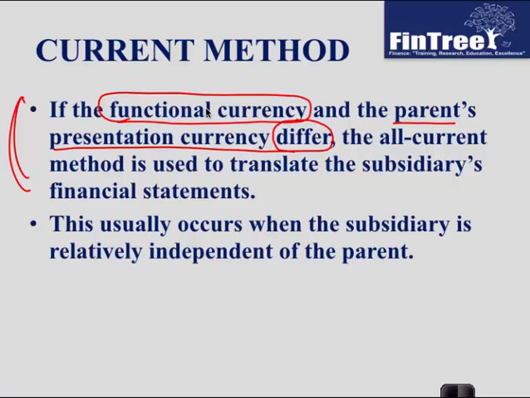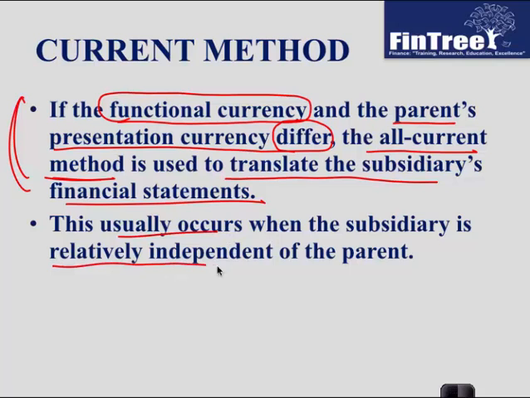If the functional currency and parent's presentation currency differ, that means functional currency is not US dollar. Is subsidiary independent? Yes. Then the current method is used to translate subsidiaries' financial statements. Is that fine? This usually occurs when subsidiary is relatively independent of the parent.